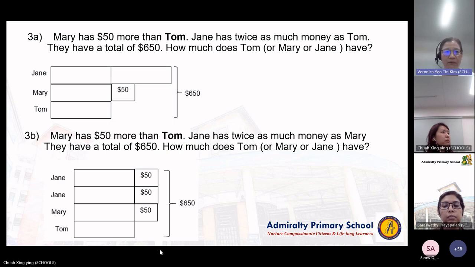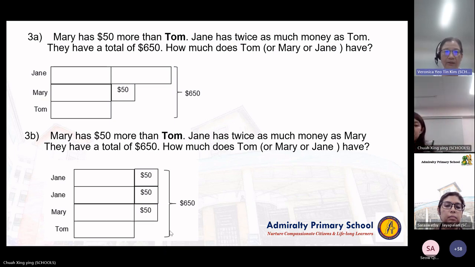So in terms of drawing the model, I need to draw the basic 1 unit for Mary that resembles Tom, and then with the extra $50. My next sentence tells me that Jane has twice as much money as Tom. So when it comes to drawing Jane's model, I need to mimic Tom's model and then draw double of that unit. And then again, the total.